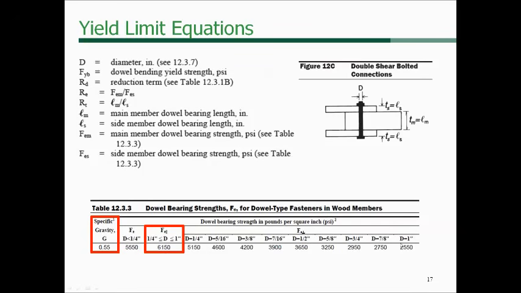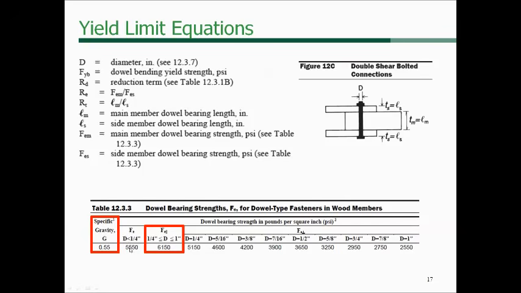Now if we were to look at a perpendicular to grain dowel bearing strength, and again that's the crushing strength of the wood fibers, for a 1-inch fastener over here all the way to the right under D equals 1 inch, it's 2550, so a little less than half of the capacity for parallel to grain. So there is a difference, parallel versus perpendicular to grain, for these dowel type fasteners once you're above a 1/4 inch diameter.